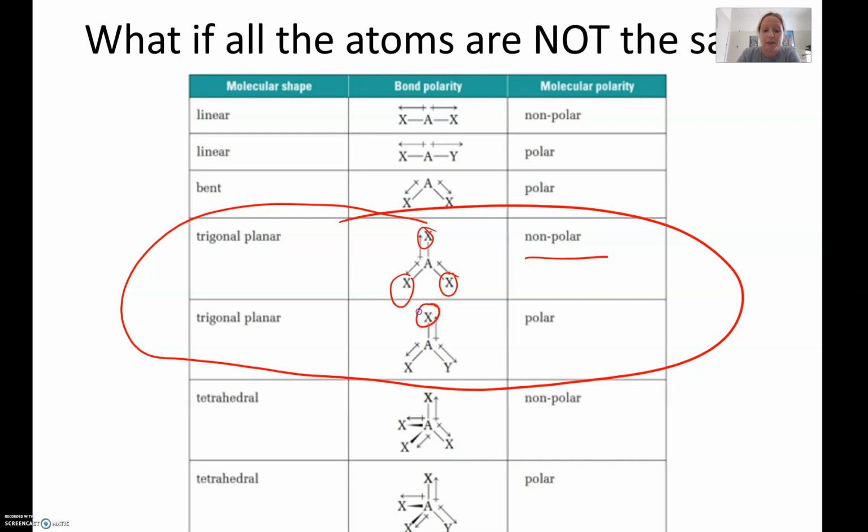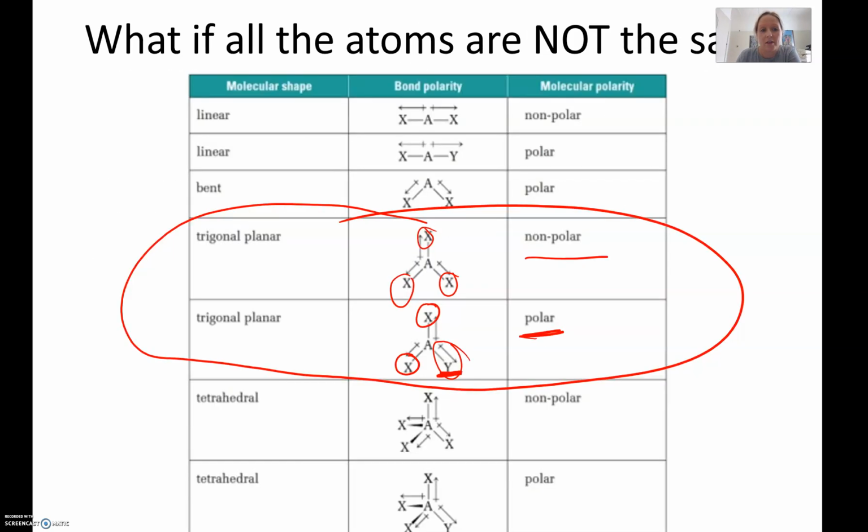However, in this bottom example, you can see you've got 2 X's and a Y. So even though this shape is symmetrical, because the dipole strengths are not identical anymore, they cannot cancel, and this will be polar.